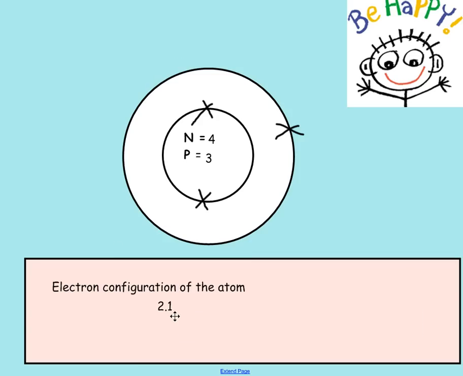Important bit about electron configuration, so really simple, you just say 2 and then 1. That last number tells you what group it's in. So if it was 2 and then 2, it would be in group 2. That's it, that's the atom.